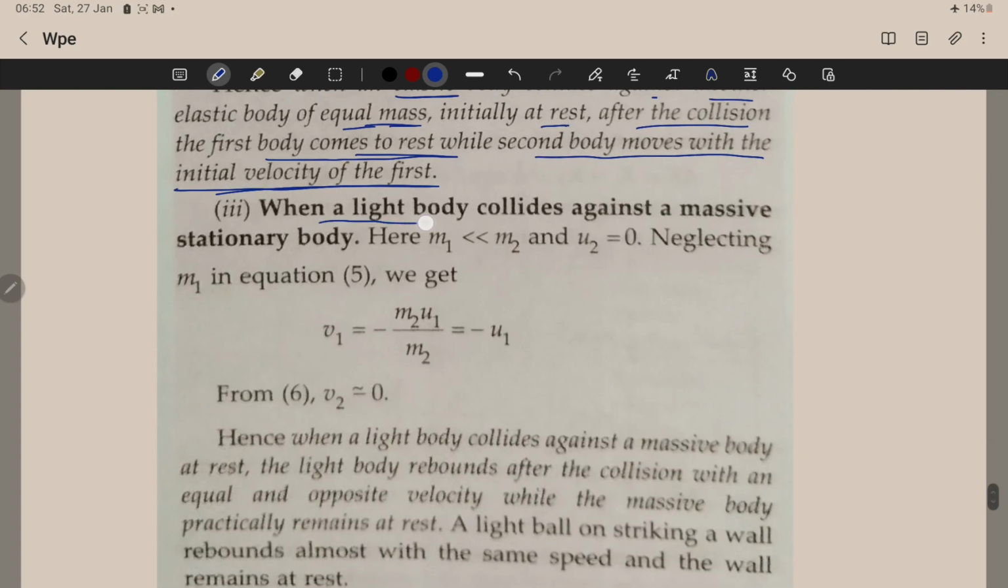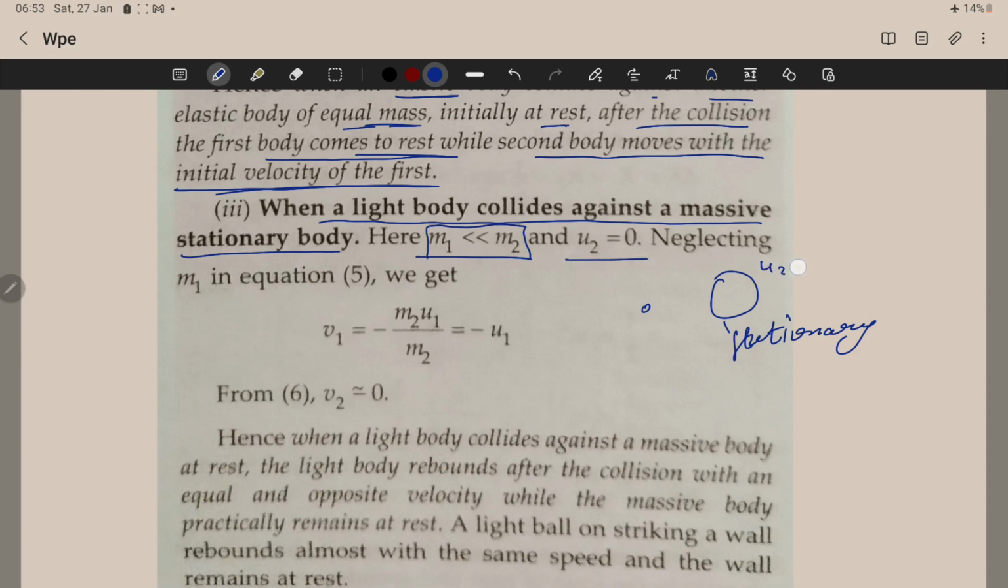The next special case is when a light body collides against a massive stationary body. If there is a very small body and a massive stationary body, mass m2 becomes very high, m1 becomes negligible, u2 is 0, and u1 has some value.